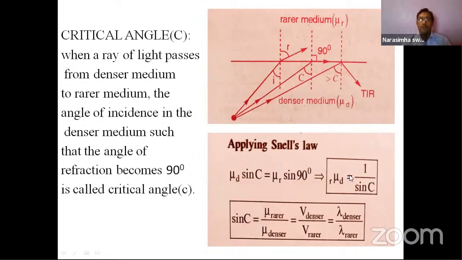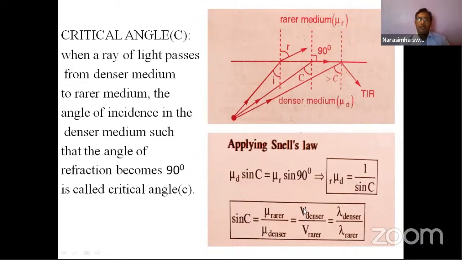Sine 90 is 1 here. So the refractive index of the denser medium with respect to the rarer medium is 1 by sine C, and sine C is equal to mu rarer by mu denser, the refractive index of the rarer medium to the refractive index of the denser.